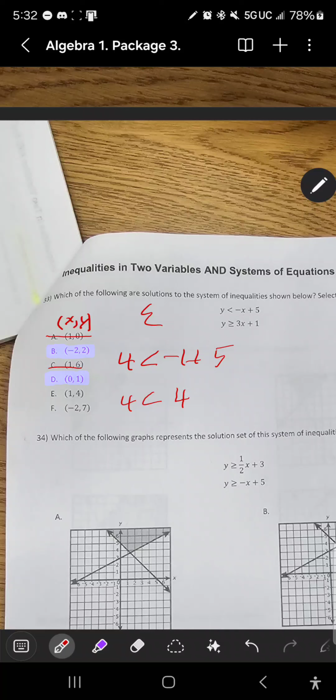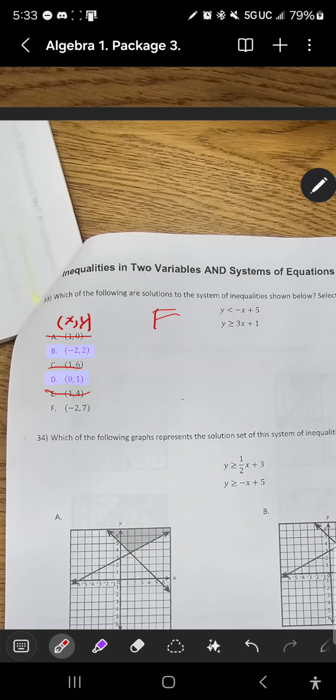In this case, this is not part of our answer because we don't have the equal sign. You see, we don't have an equal sign here. So 4 is not less than 4. If the answer was 3.9999999, whatever, we'd be okay, but no, it is not less than 4, so this is not part of our answer.